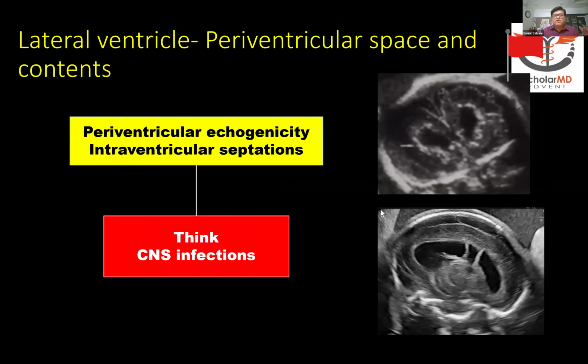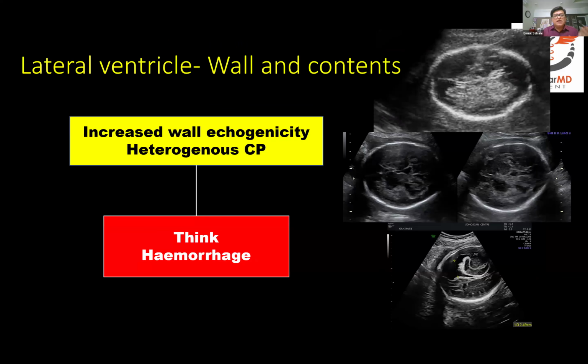If you're looking at the periventricular space and contents, and you find that there is periventricular echogenicity and intraventricular septations, think of CNS infections. If you find that there is increased wall echogenicity or a heterogeneous choroid plexus, everything is looking dirty, then think of hemorrhage.